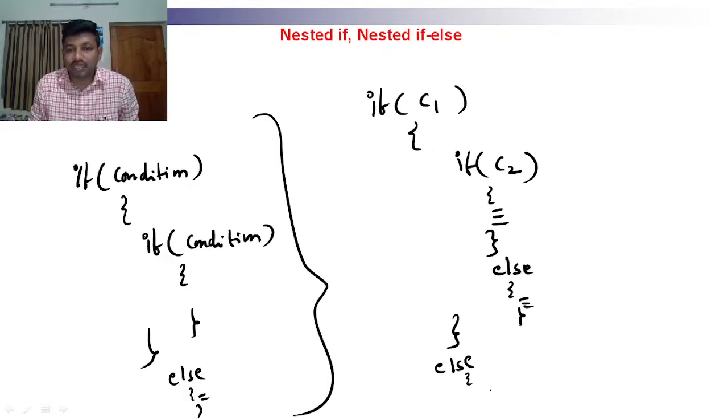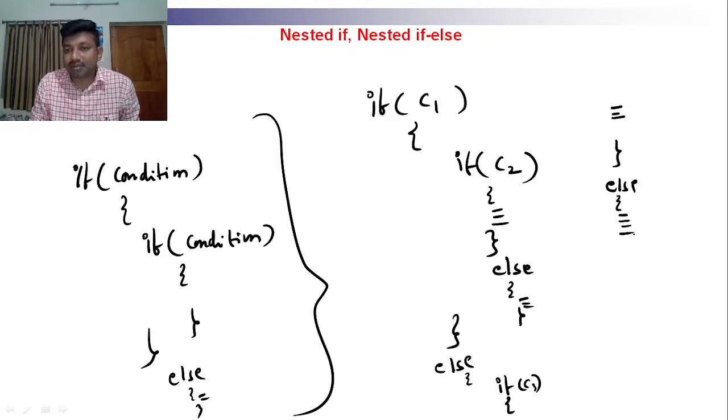Even within this else, you can write one more if, let it be C3. You can execute something, fine, let me write. And else you can execute something.